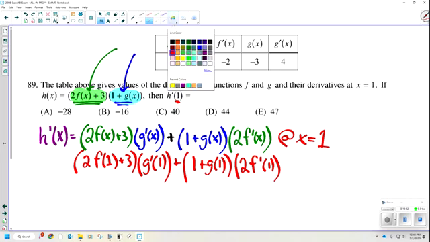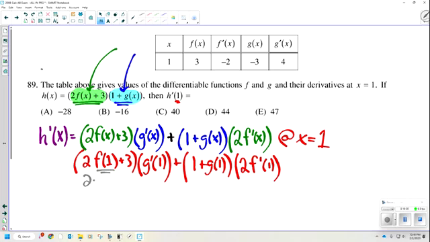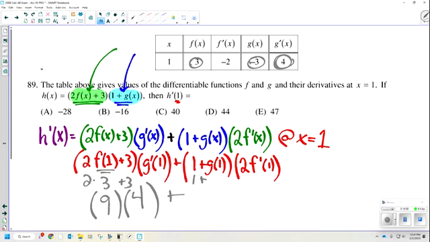All right, let's start putting in values. 2 times f of 1. F of 1 is 3 plus 3. That's 6 plus 3, 9. G prime of 1. Well, that's this one right here. It's 4. Plus 1 plus g of 1, which is negative 3.